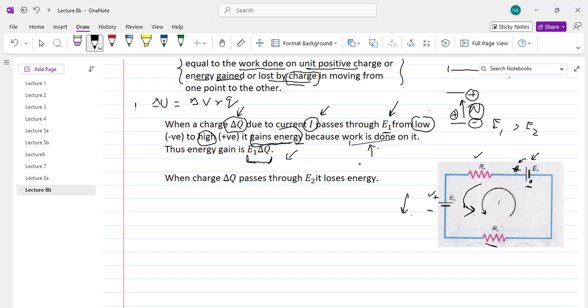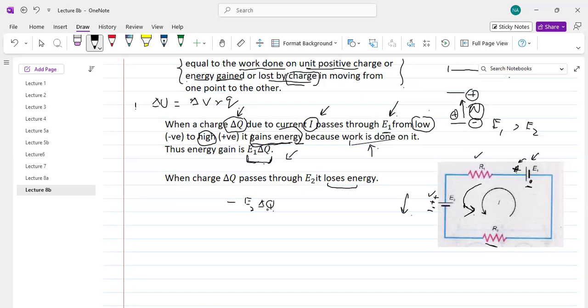According to the direction of current, the charge moves from the positive terminal of the battery to the negative terminal of the battery E2. What does this mean? This means that the charge is moving from high potential to low potential. As we move from high potential to low potential, there is a loss of energy, and the amount of loss of energy in the present case is E2 delta Q.